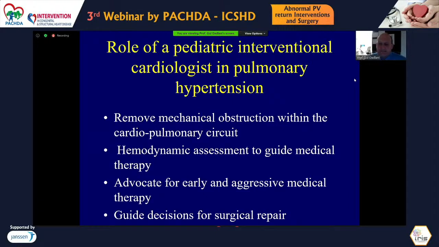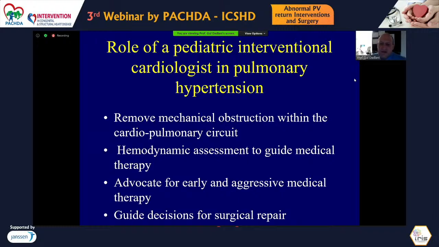So when we look at the role of a pediatric interventional cardiologist in pulmonary hypertension, I think there are a couple of primary roles that interventionalists play in the management of pulmonary hypertension patients, and all of these are crucial to their long-term well-being. Number one goal every time you take a patient to the cath lab: is there any mechanical obstruction in that circuit that we just talked about that needs to be addressed, either through ballooning, stenting, or others?